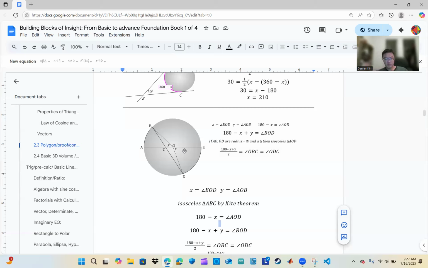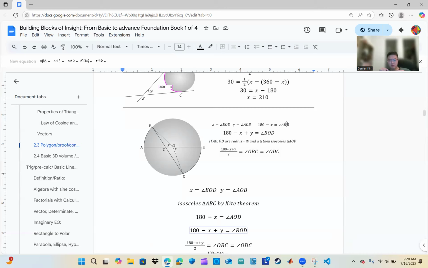I think something's fishy in this slide over here. So this angle plus y. There is a mistake I made, right? No, no, that's right.